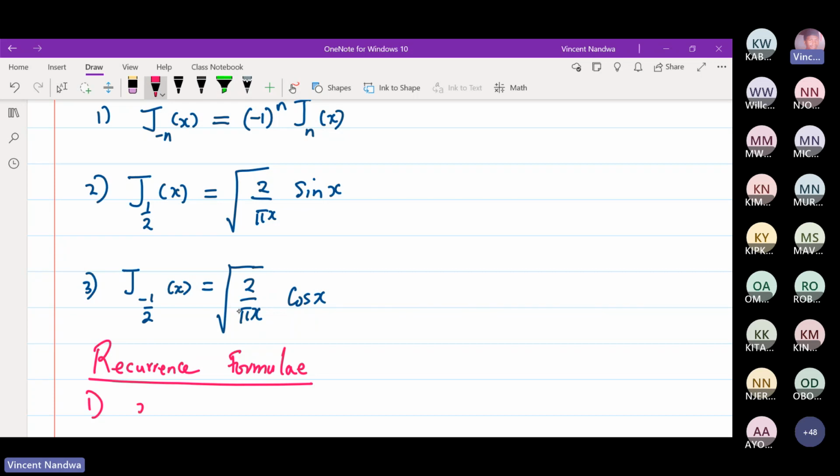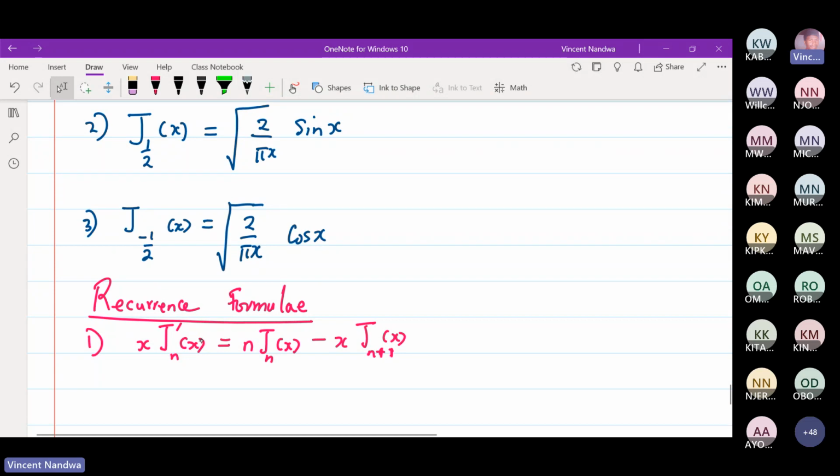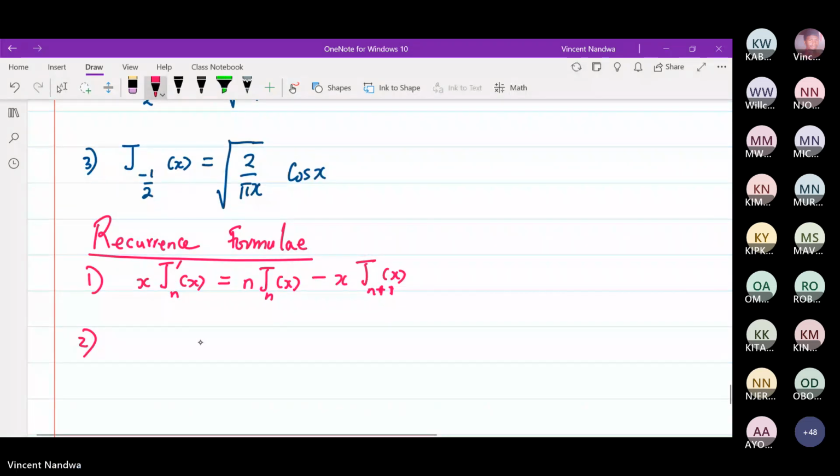If you take x and multiply by the derivative of Jn, you'll always get n times Jn of x minus x times Jn plus 1 of x. Remember, Jn prime means the derivative of the Jn function. Number two, x times the derivative of Jn is the same as negative n times Jn plus x times Jn minus 1 of x.